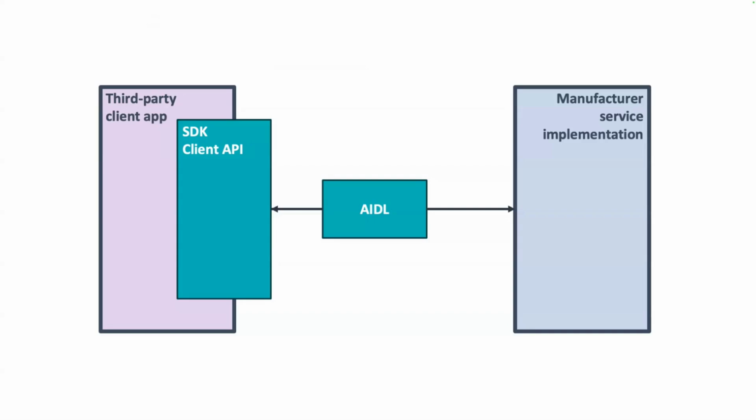Now, if any of you already worked with Android Automotive, you know that there are already some things called car properties or vehicle properties that a third-party application can access if those apps are running in Android Automotive. Those, however, don't have a great API for developers.